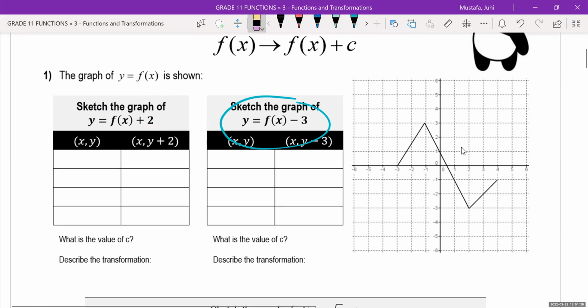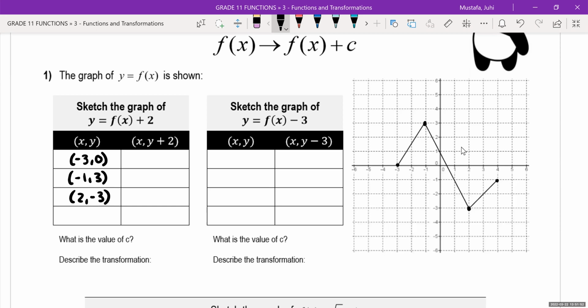Let's begin by identifying a couple of key points on this graph, which are wherever the lines meet. We're going to write them down on the left-hand side where it says x comma y. So we have (-3, 0), (-1, 3), (2, -3), and (4, -1).